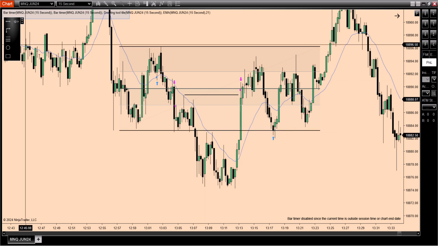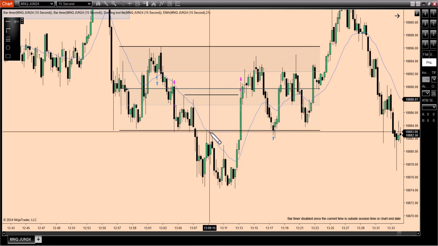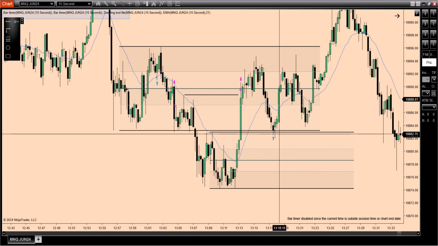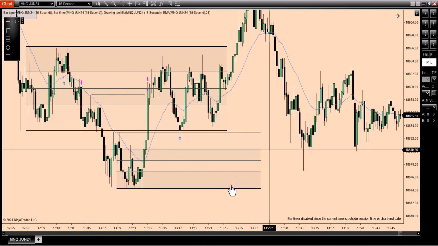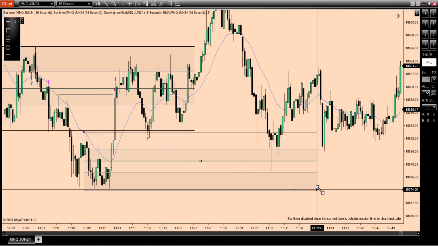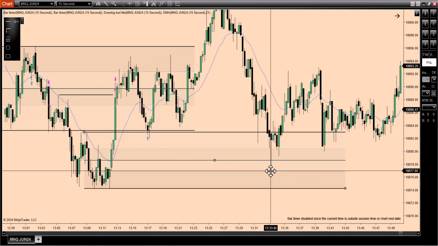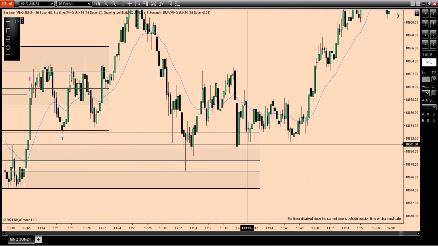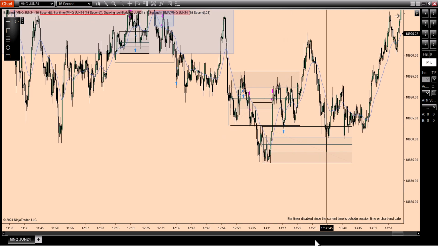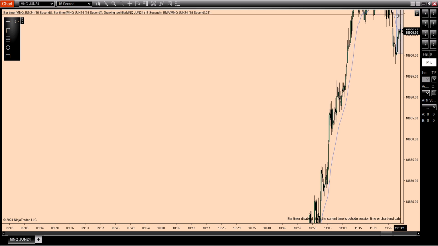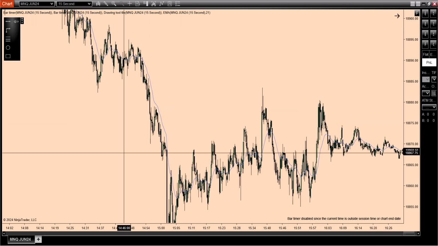So price tapped into this zone, and then it traded higher. And as you can see later, we tapped all the way to the 50%, the 70%, and then we continued higher. So basically the same concept that we talked about earlier.